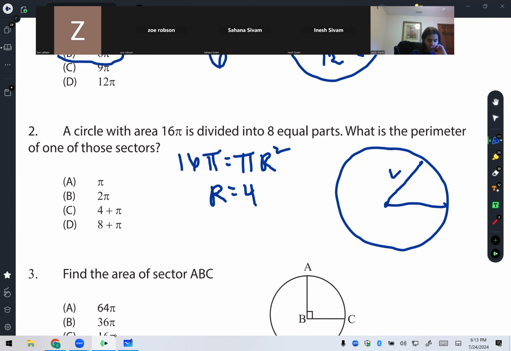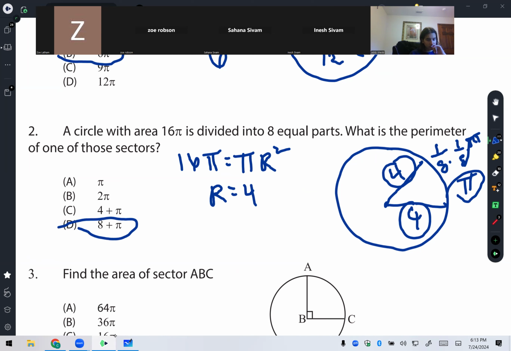So we want 4 plus 4 plus 1/8 of 2 pi r, or 1/8 of 8 pi, which would just be pi. So we would have 4 plus 4 plus pi, or 8 plus pi for that one.